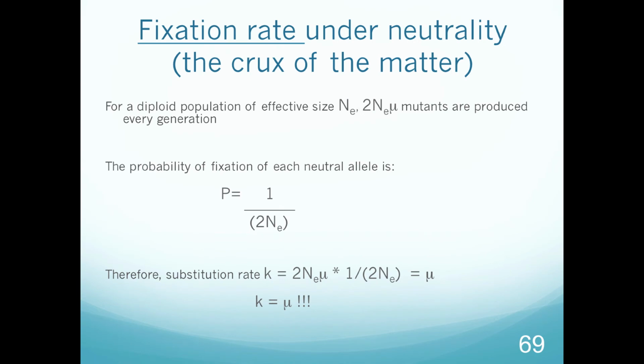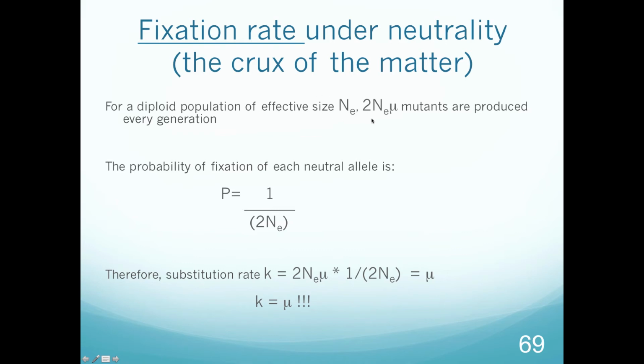Now, the fixation rate under neutrality, if we're interested in what the substitution rate is, how often we're changing a letter of the DNA from an A to a G, for example, recall that the probability of fixation is 1 over 2n, but the number of new mutations in a population is also related to the effective size.